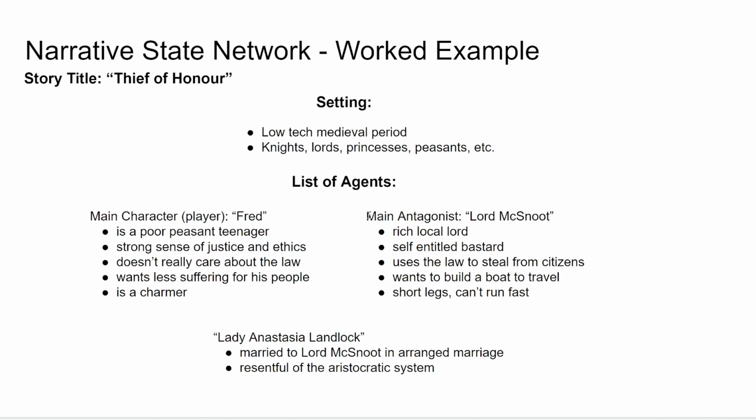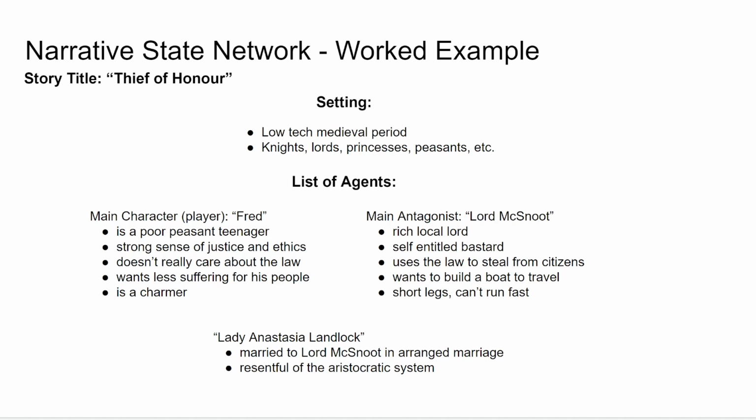Then we can put in an antagonist. Let's call him Lord McSnoot. He's just a rich, self-entitled bastard, basically, but he has some legal power. And then let's add a potential love interest. We don't actually know what's going to happen. So anyway, we've set up the initial conditions of the world. This is where we're going to start.